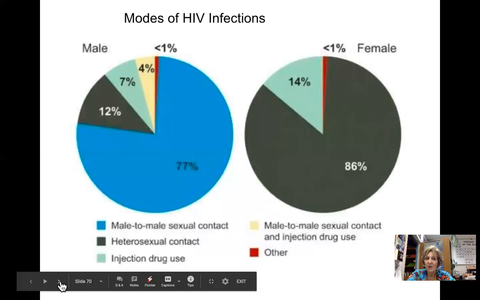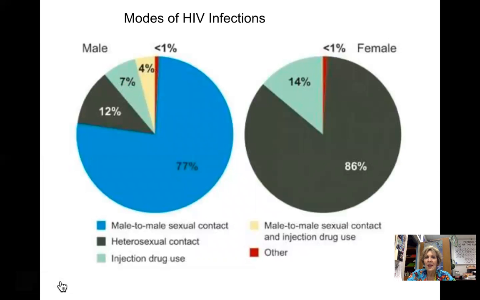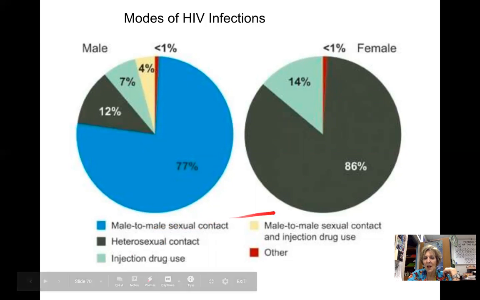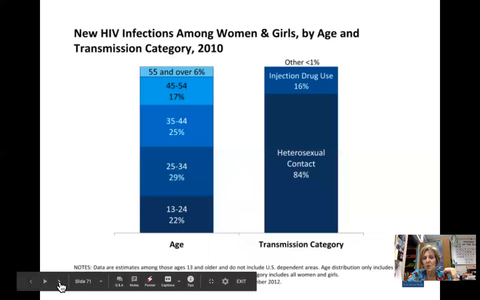Modes of HIV infection. In males, it is mostly through male to male sexual contact. In females, it is mostly through heterosexual contact.